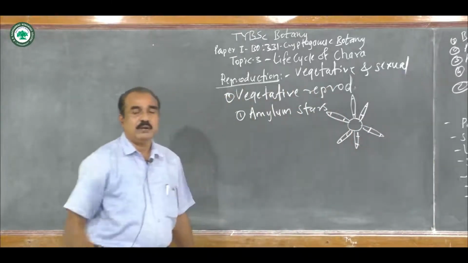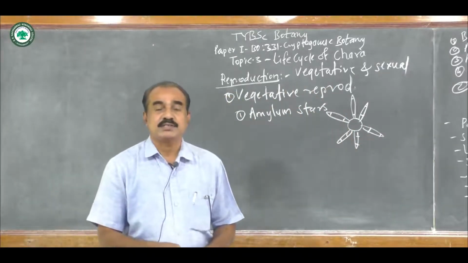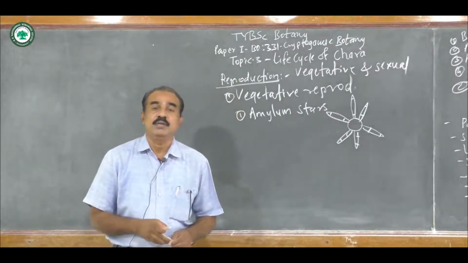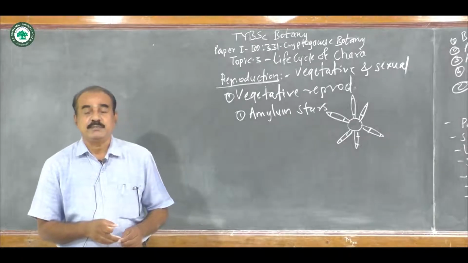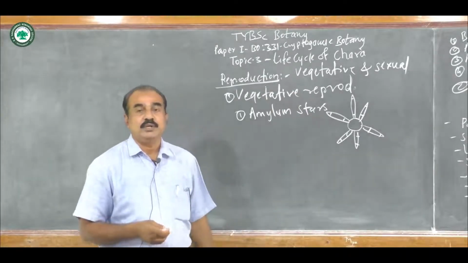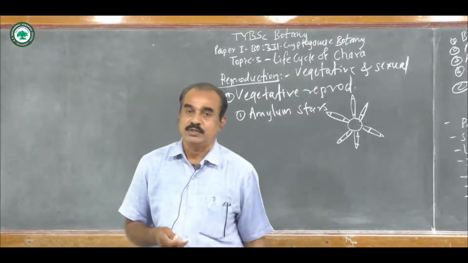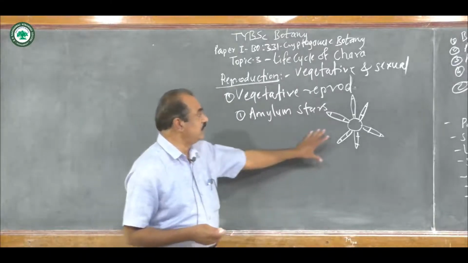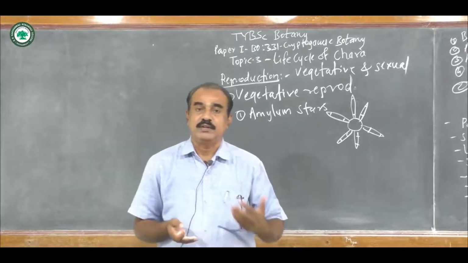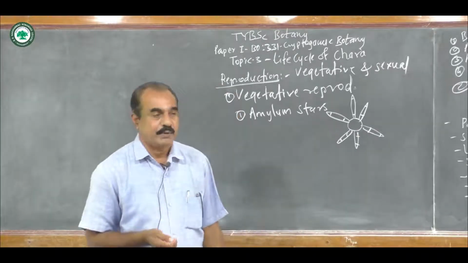They are called the amylum stars because they are star-shaped in outline, and they are full with the food material, that is the amylum starch. They are developed on the lower nodal region of the main axis. And when they get detached from the parent plant, they have the capacity to develop into a new thallus of the Chara if the conditions are favorable.